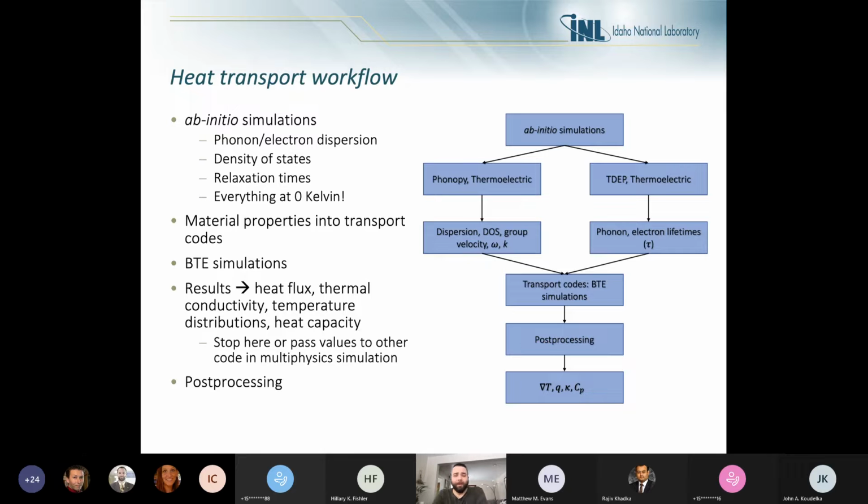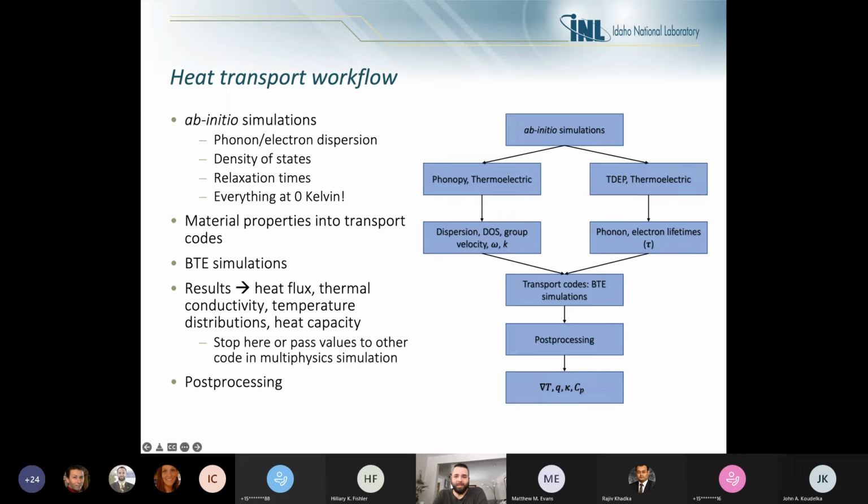So that's something to take into account, and we have to use a grain of salt when we look at the outputs of these. Or, finally, in the last 10, 15 years, methods have been developed to adjust these properties from 0 Kelvin to temperatures that we work with. So that's what we use now.